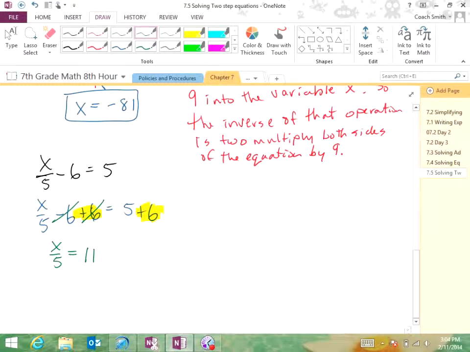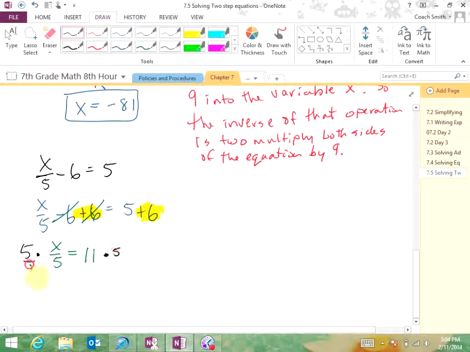No, x is not by itself yet. Now, we're dividing by 5. So in this problem, we're dividing by 5. So the inverse of dividing by 5 is to do what? Multiply by 5. So I'm going to multiply by 5 to both sides.